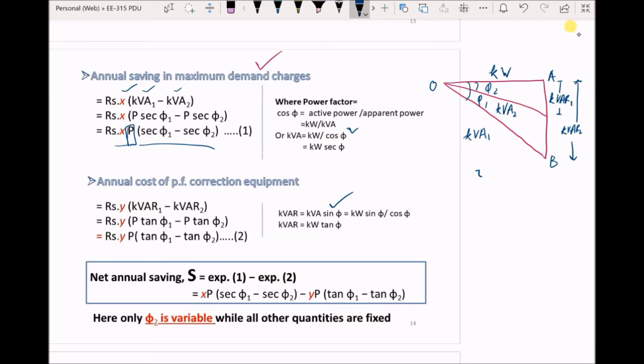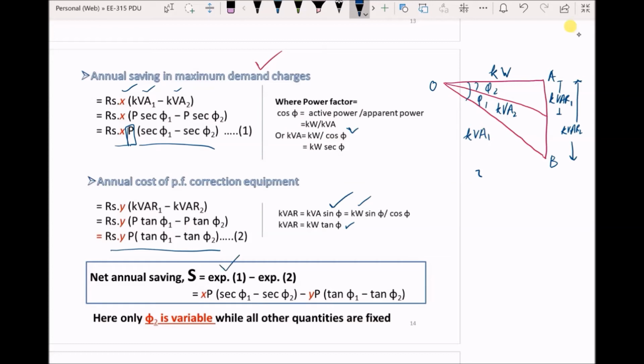If we convert it into kilowatt, then this is going to be sine over cos phi, and kVAR equals kilowatt times tan phi. So as I just said, the change in reactive power is going to be kVAR2 changed into kVAR1. So the annual cost of the correction equipment will be this.